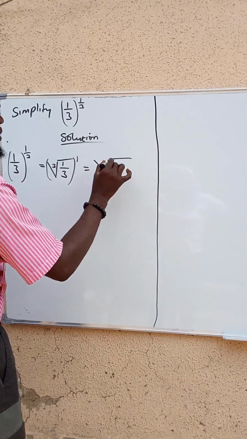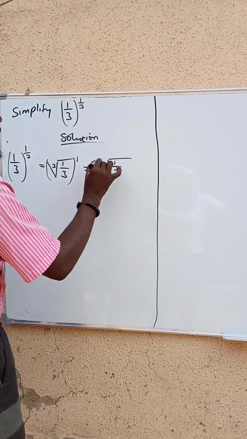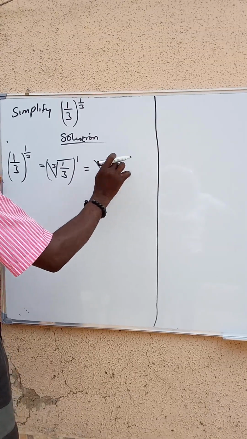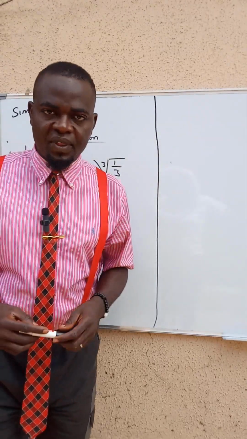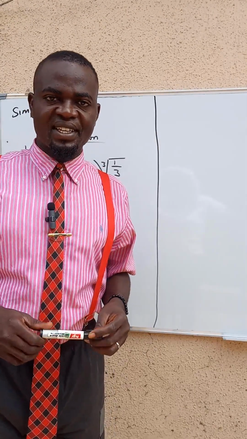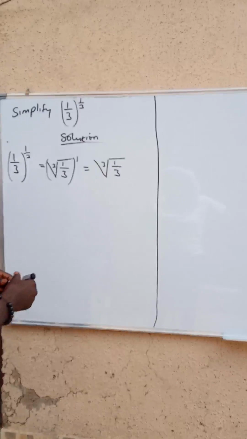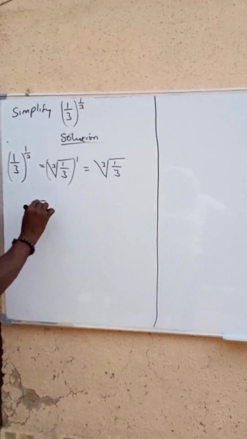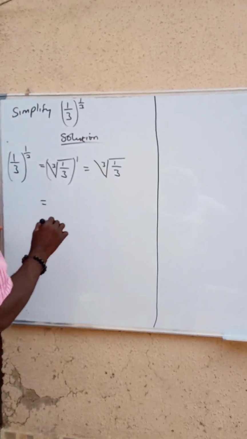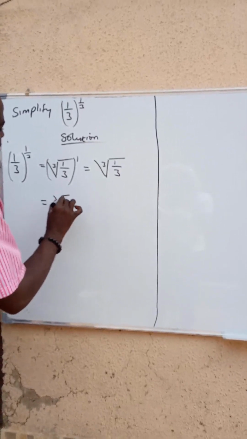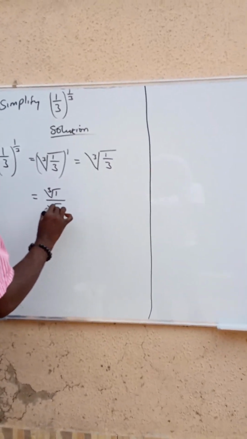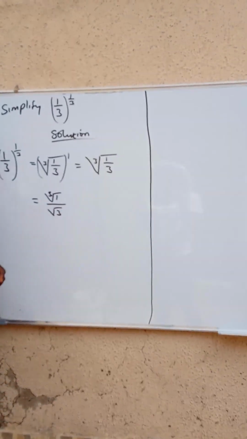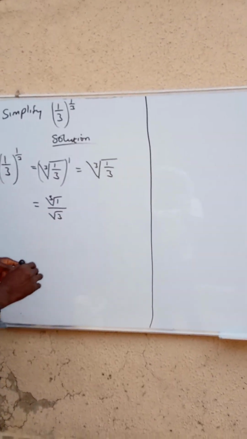The cube root of 1 over 3, because anything raised to the power of 1 is still the same thing, right? Good. You agree with me that this thing is the same thing as the cube root of 1 over the cube root of 3. Yes.